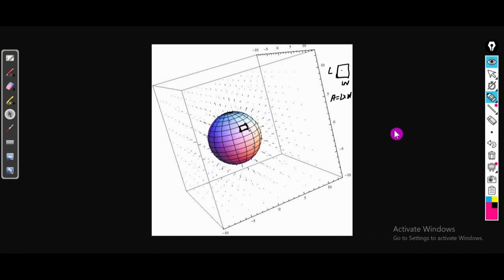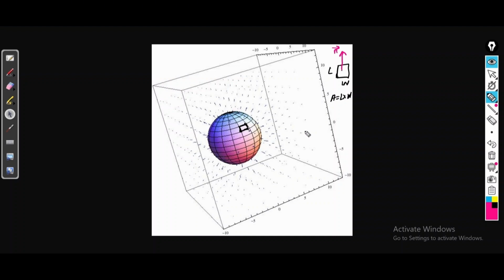So here this is the direction of the area. In this case, the electric field lines which come from the positive charge present inside this ball will come towards you, perpendicular to this area.